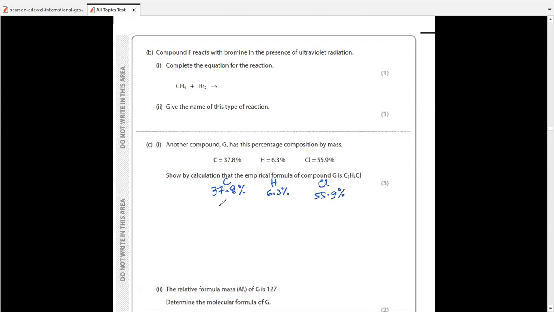What we are supposed to do is simply convert them into grams by just changing the symbol. That would be our very first step. Then you use that as a mass, and the Ar for carbon is 12. Okay, now I understand, I can do it. From here onward, it's pretty easy.